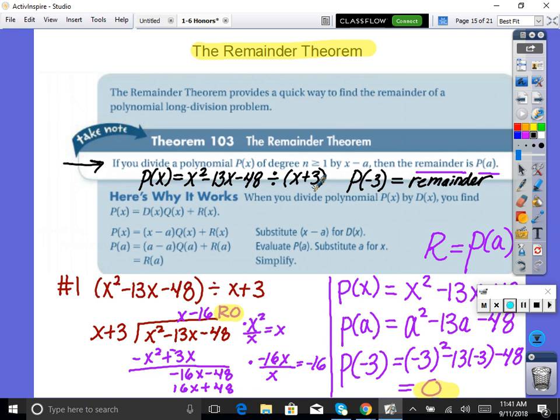So the remainder will be p when I plug in a. Do you see how this is x minus a? So this must have been x minus negative 3. So a would have been negative 3. If it's plus, then a must have been negative 3.